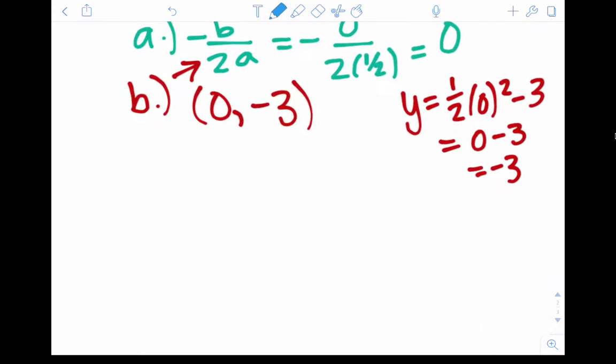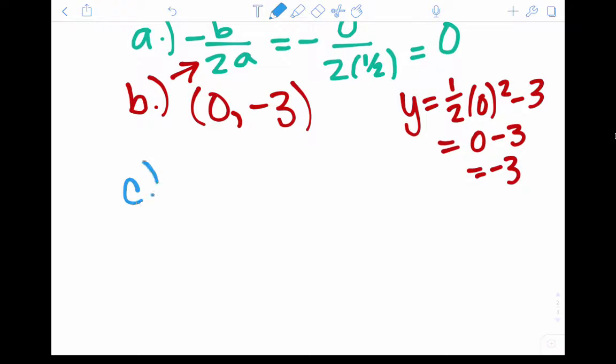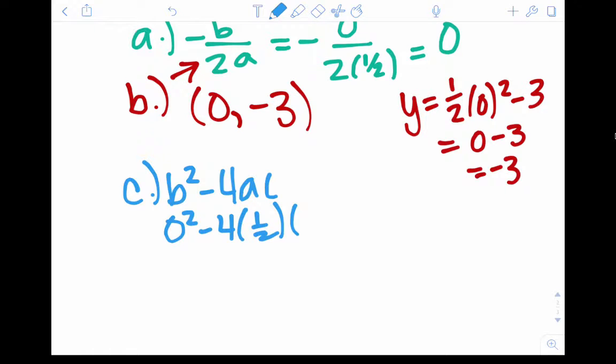Next, I need to figure out the determinant. I figure out the determinant by doing b squared minus 4ac. Well, my b is 0, my a is 1/2, and my c is negative 3.